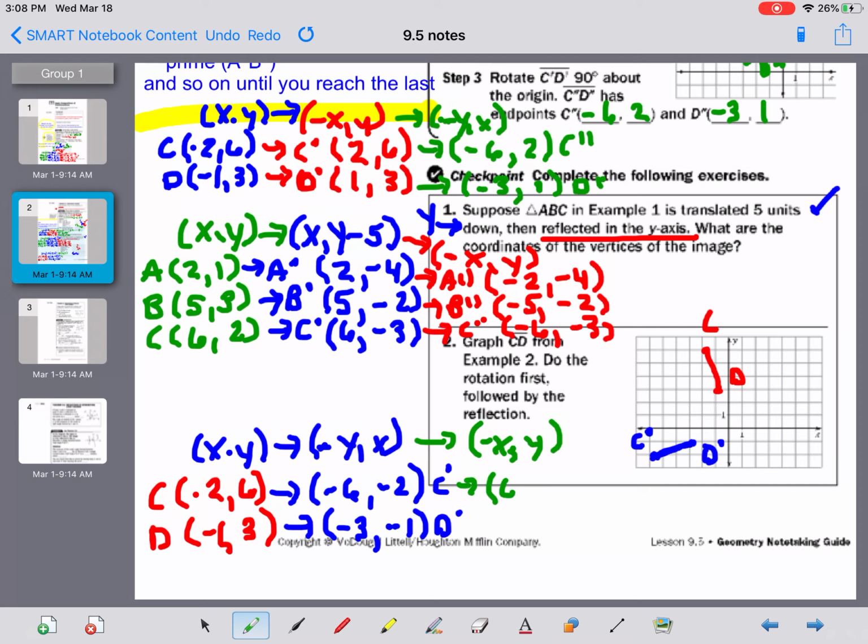That's going to be my C double prime. On my D, my negative 3 becomes positive 3, and my y stays the same at negative 1. So here's my new C double prime, and here's my new D double prime, and there's my figure.